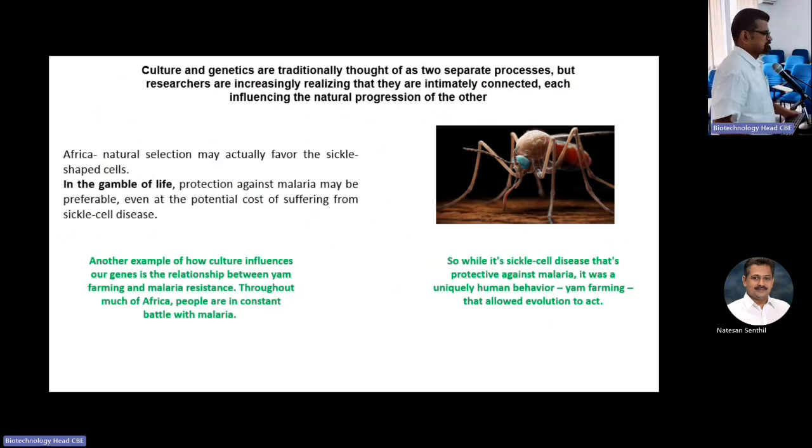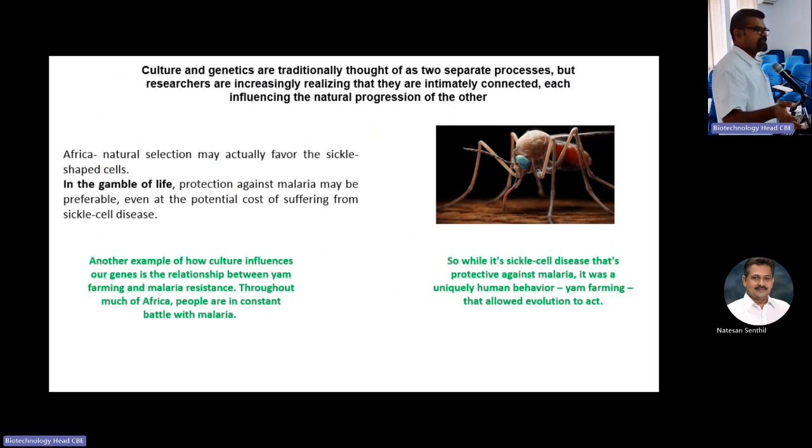That's a cultural practice, just like rice cultivation, having water stagnation in the yam fields. Because of that, there was an increase in the mosquito population, and malaria was a bigger killer disease. But in due course, humans evolved resistance to malaria by forming the sickle cell, right?